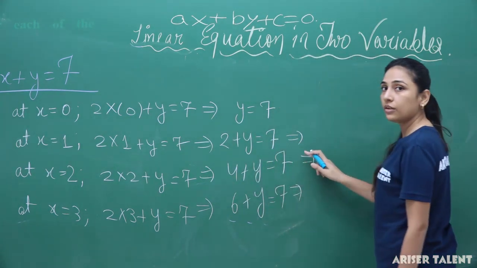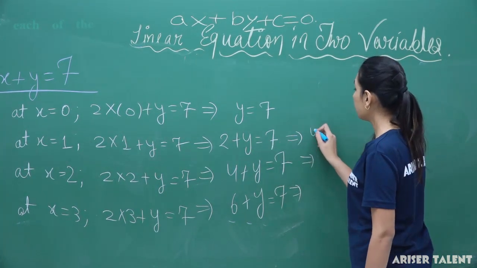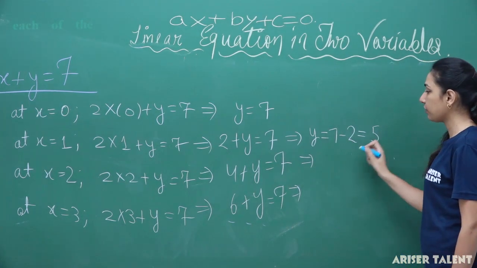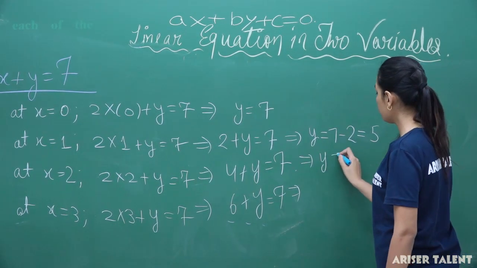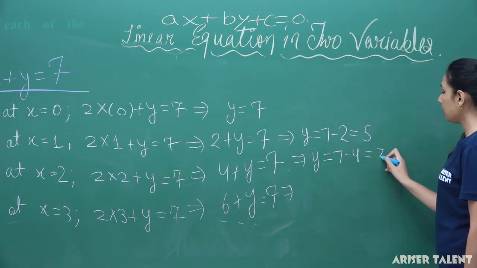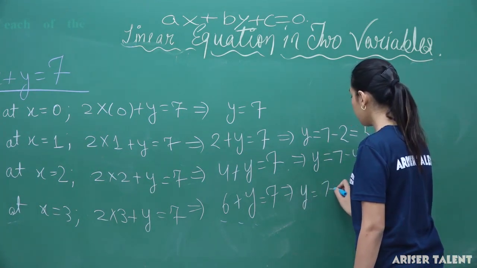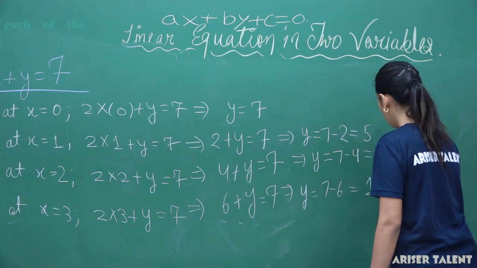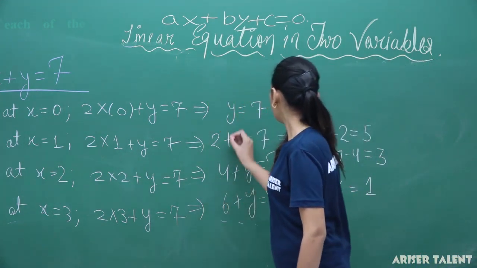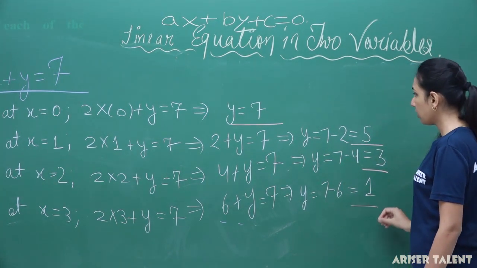Okay. So, bringing this to the other side, y equals 7 minus 2 equals 5. Here y equals 7 minus 4, that will be 3. Here y equals 7 minus 6 equals 1. So, y equals 7, y equals 5, y equals 3, y equals 1.